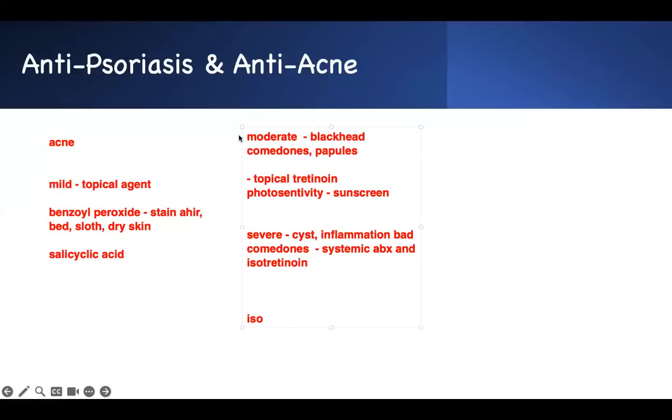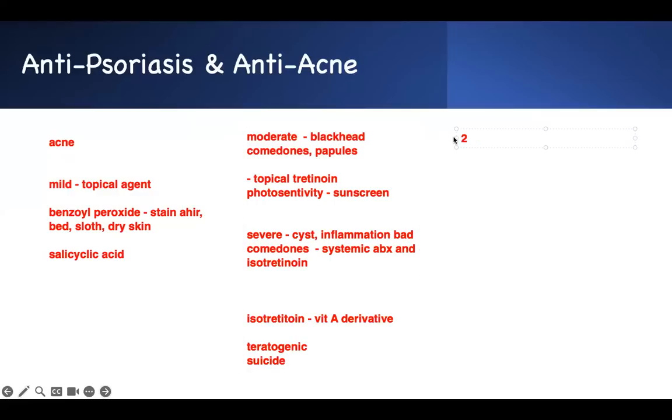So what is iso? This one you have to pay attention to every word I'm going to say. Isotretinoin. This medication is a vitamin A derivative medication. It's teratogenic. It causes suicide. Because of that, teratogenic, we want you to wear a condom.